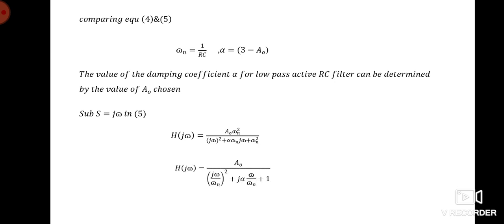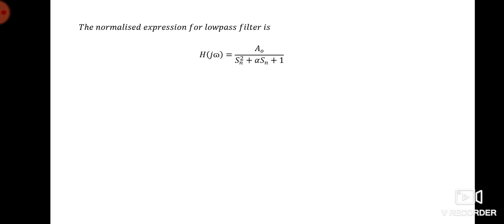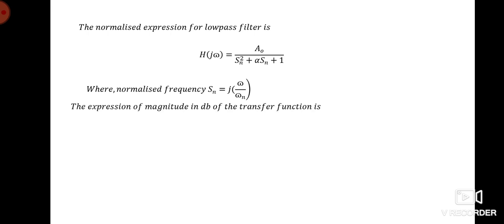For further simplification, we take omega n square outside from the denominator term, and after cancellation we get the value. The normalized expression for the low pass filter can be given as H(j omega) equal to A naught divided by S n square plus alpha S n plus 1, where the normalized frequency S n equals j omega by omega n.